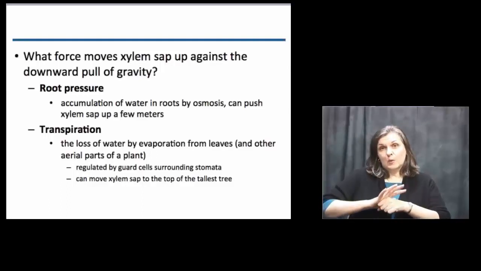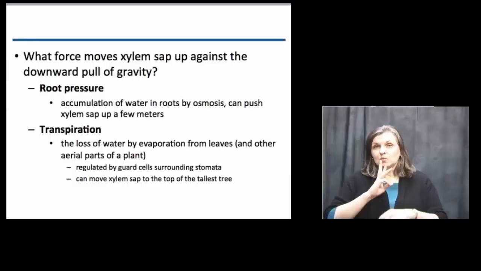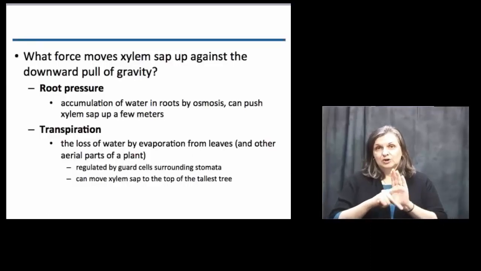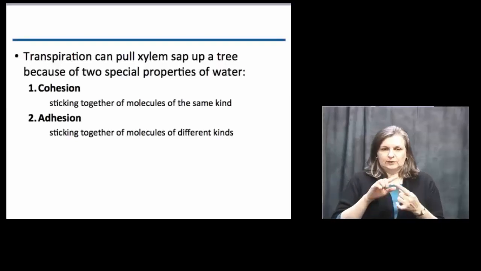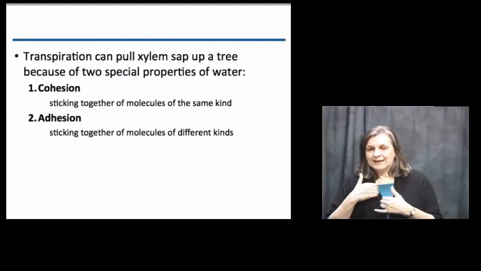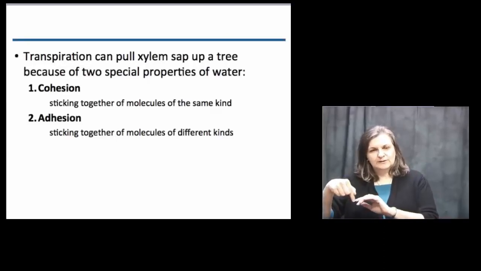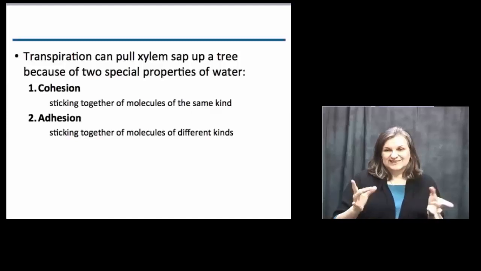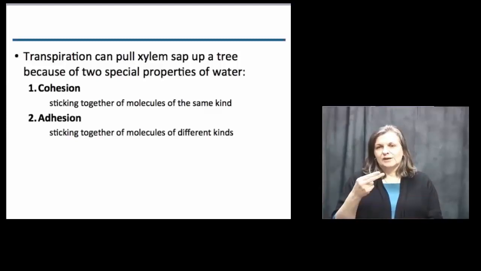The root pressure will help, but we also have to rely on the basic chemical properties of water to get this all done. So water, remember, is polar. Water has an affinity, or a likeness, for itself. It sets up partial positive and partial negative charges in each individual water molecule that stick together. This sticking together is known as cohesion.